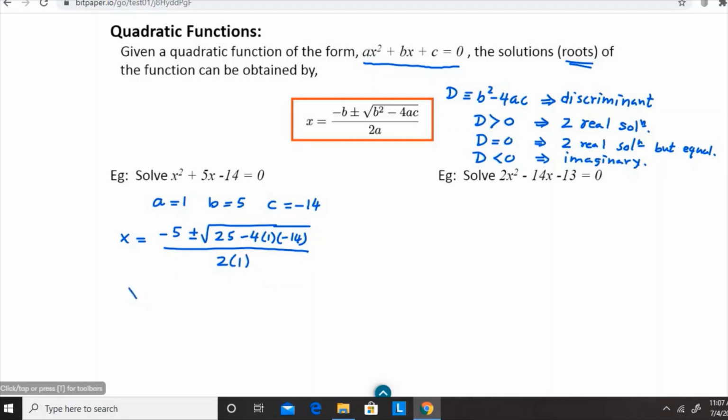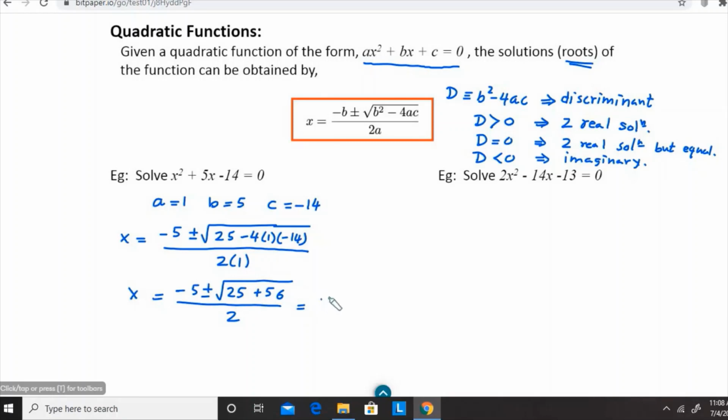And then when I simplify this, I'm going to get minus 5, and then over here I have 25, and minus 4 multiplied by minus 14, I'm going to get 4 times 14, then it will be a plus value, 56, and I get 81, and then divide this entire thing by 2.